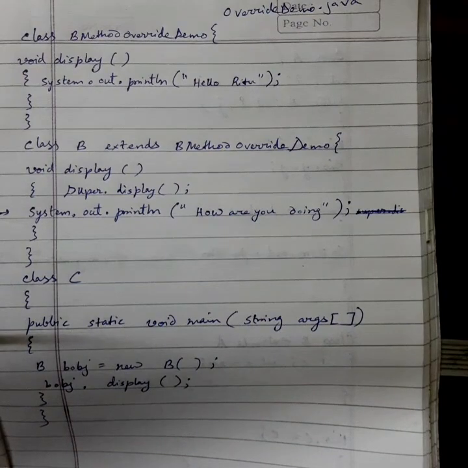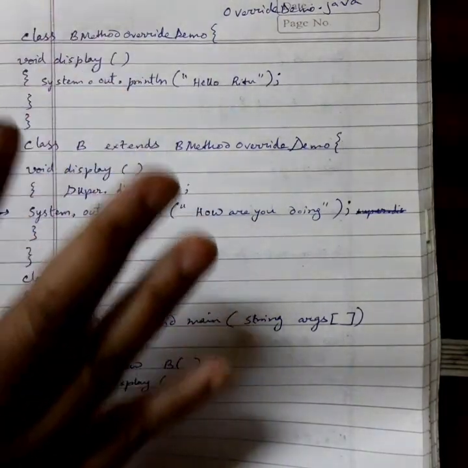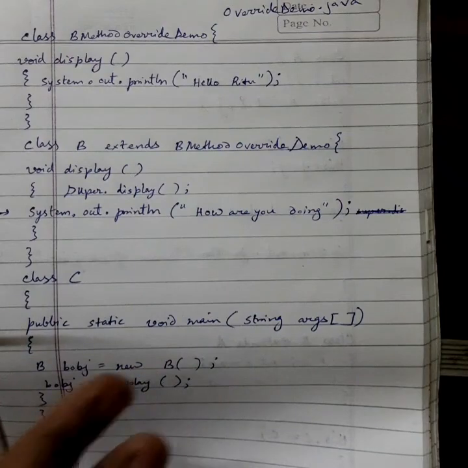So super is a keyword to invoke the base or the parent class's method from the child class's method. Super has got other utilities also. We will cover that in subsequent videos, but in this one, this is what its utility is restricted to in the concept of overriding.